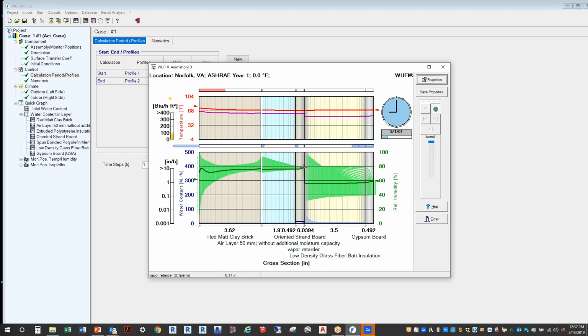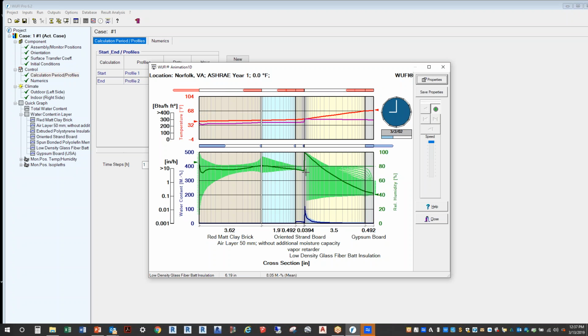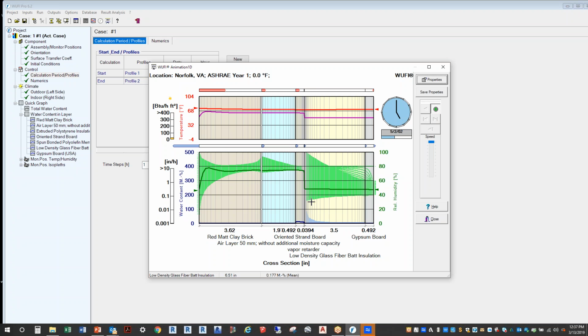You can see here where we applied the vapor retarder, that's where your humidity and water seem to be stopping. When you see this blue line jump up, especially, that's when you're getting to a condensate.